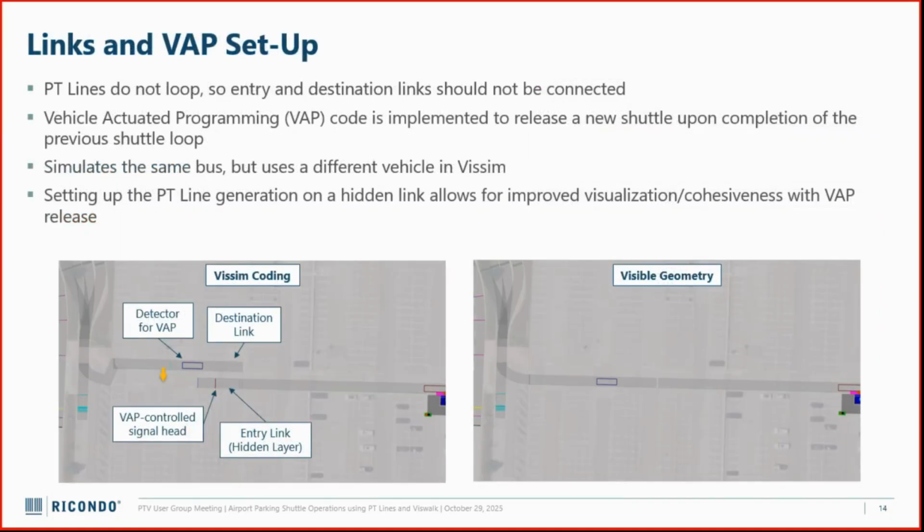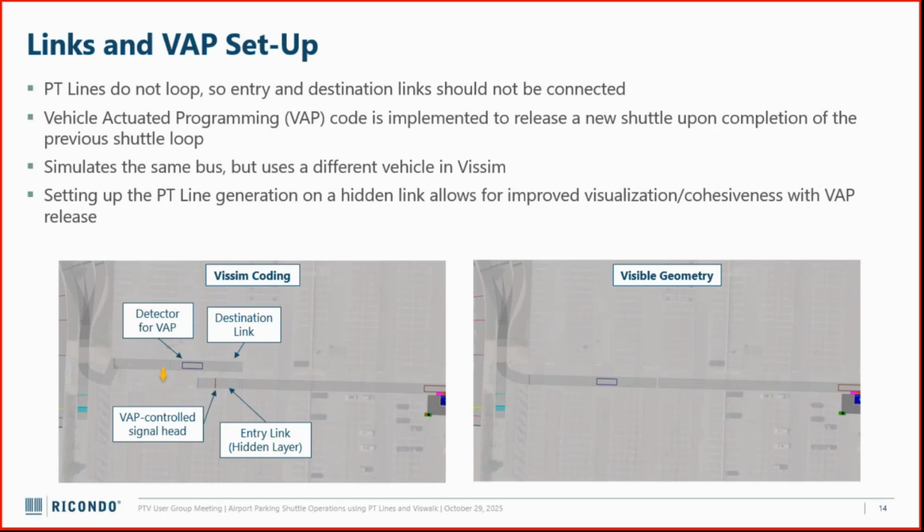As for our VAP setup, as I mentioned previously, PT lines struggle to loop effectively without additional assistance from other components. So because of this, we didn't actually connect the destination link and the entry link because we just wanted the vehicle to run off the network. Otherwise, the vehicle would circulate the network without any real mission, kind of like a chicken with its head cut off.